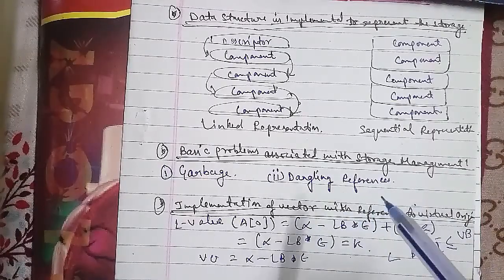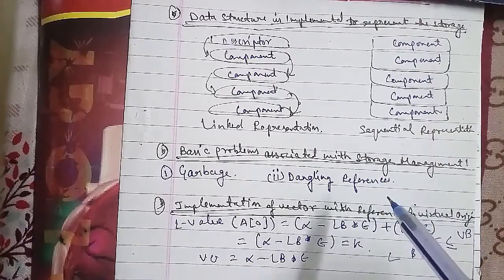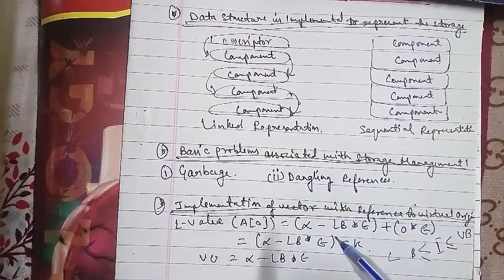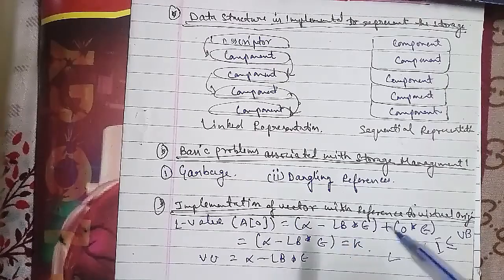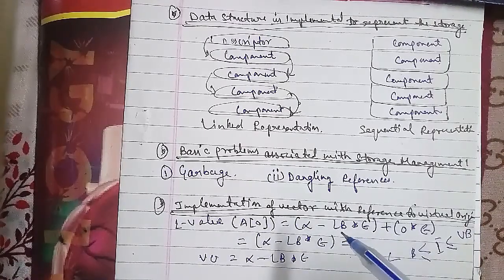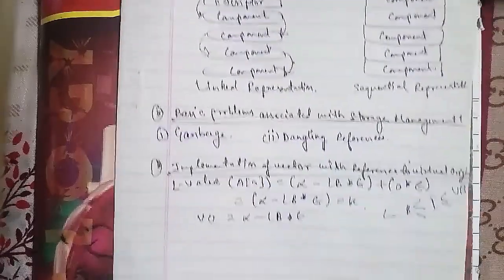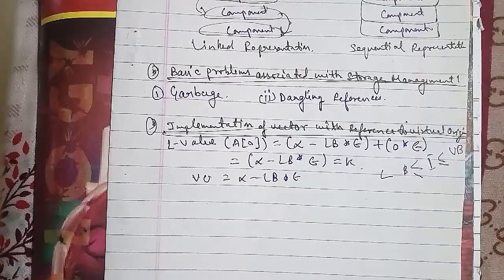We will go ahead with a diagram which represents the full descriptor representation of the vector A, and we will discuss it in detail as well.